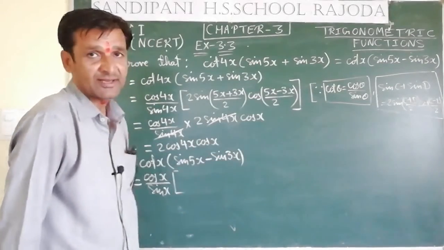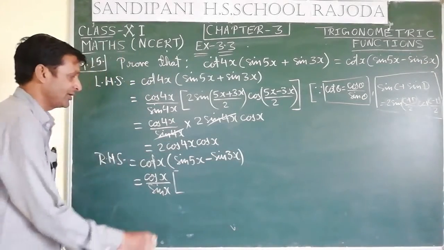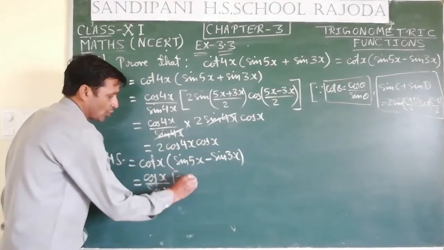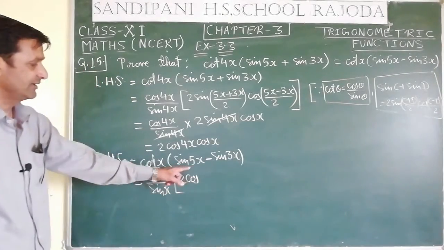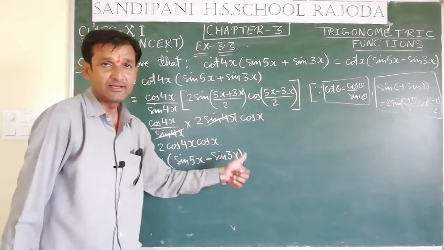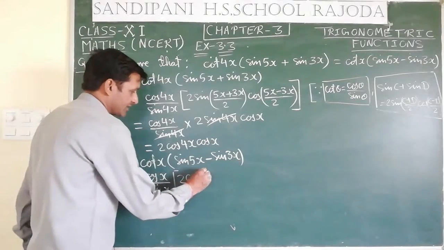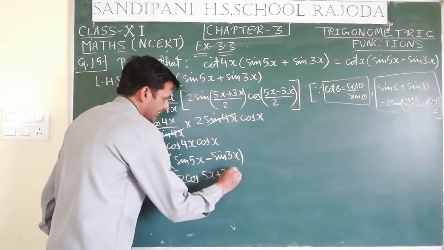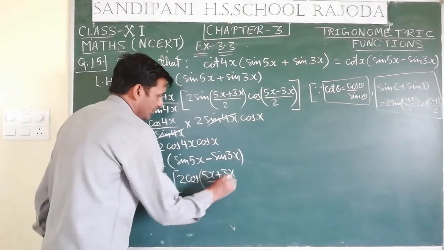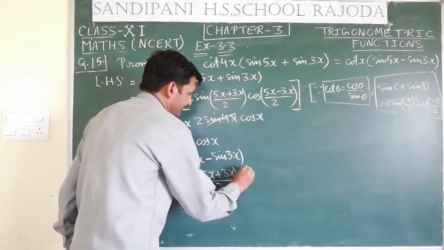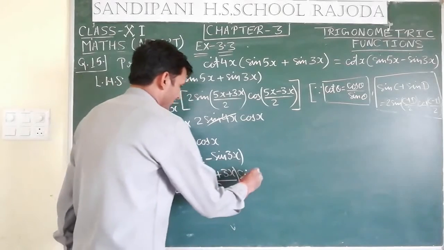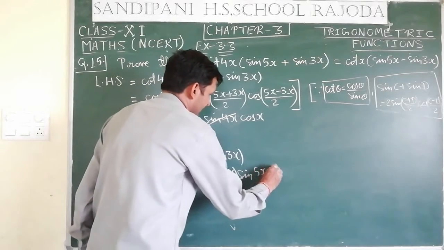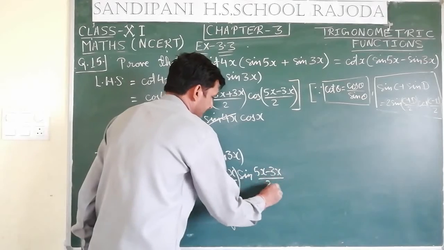So sin c minus sin d is equal to 2 cos c plus d by 2, that is 2 cos, here in place of c 5x, in place of d 3x. So it will be 2 cos 5x plus 3x upon 2 sin 5x minus 3x upon 2.